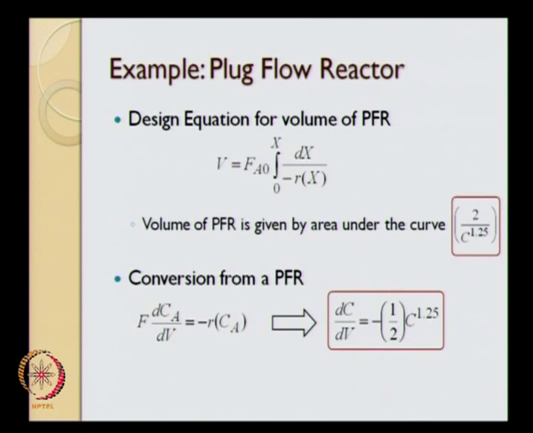This area gave us the total volume of the PFR required to reach a certain conversion x. What we said was that this particular design equation is obtained from this particular ordinary differential equation, and then we recast the overall problem as solving the ordinary differential equation given the initial concentration C at volume V equal to 0.